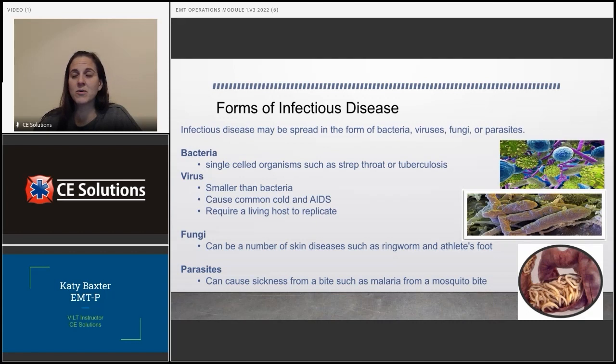It causes the common cold, AIDS, requires a living host to replicate themselves. Fungi can be a number of skin diseases like ringworm, athlete's foot, and parasites. They cause sickness from bites like malaria from a mosquito bite.